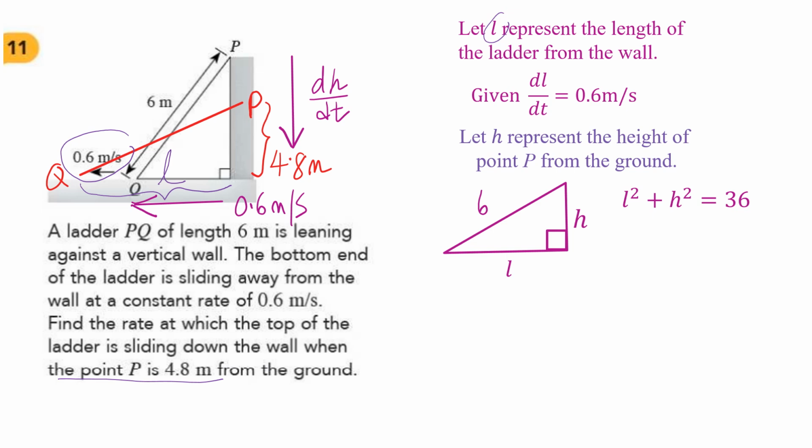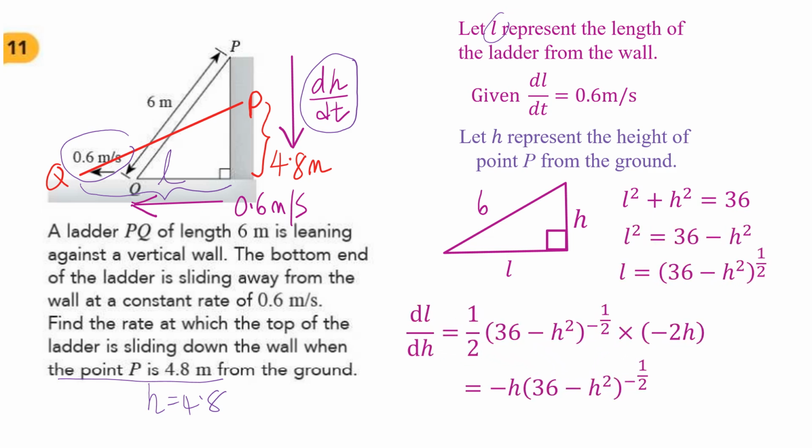Because we're substituting your P, we want to substitute at the point when P is 4.8 meter from the ground. That means we want to substitute h to be 4.8 meter. When h is equal to 4.8 meter, we need to find dh over dt. So therefore, we should be making L the subject.